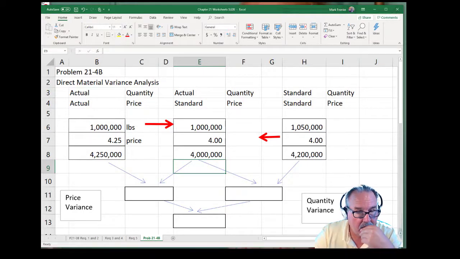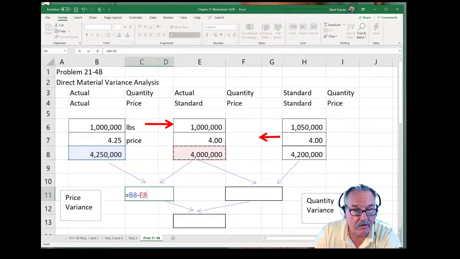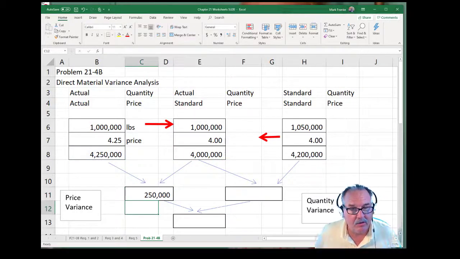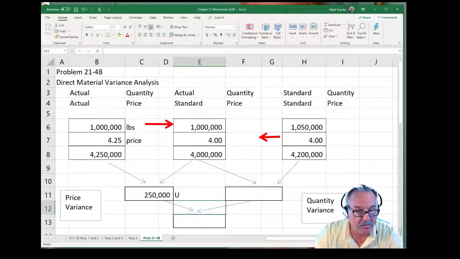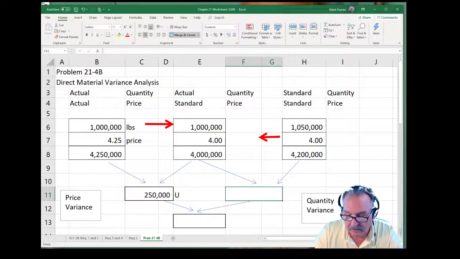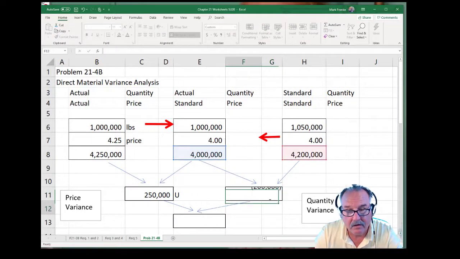However, the reason we have a variance is because we paid $4.25 a pound instead of $4. So we have an unfavorable price variance. We spent 25 cents more times 1,000,000 pounds, and then we saved money on the quantity.